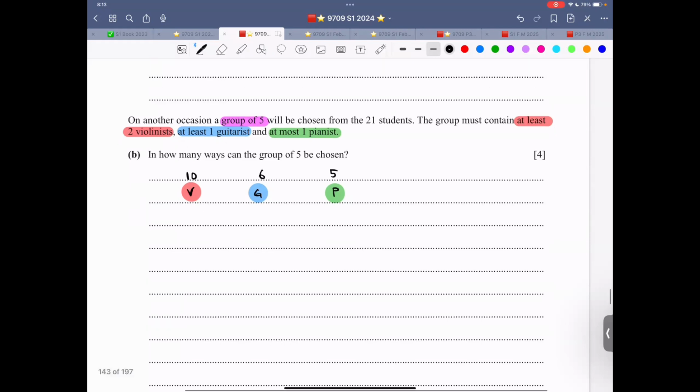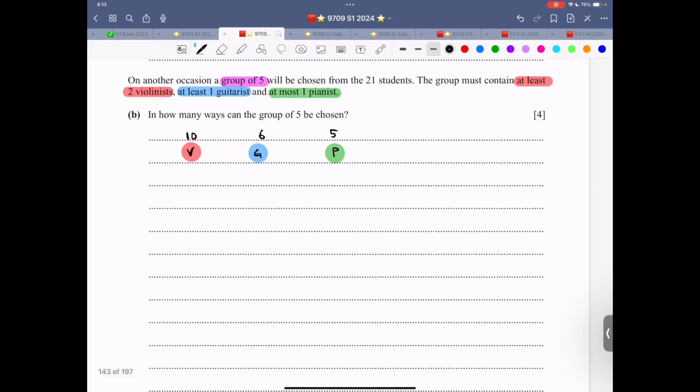Let's say if I fix P as 1, and then it says at least 2 and at least 1. So 2, 1, 1. 2 can become 3 and 1 can become 2, because this is 3, 4, 5 and this is 2, 2, 4 and 1. So got the idea? These are 2 options that are very, very clear.